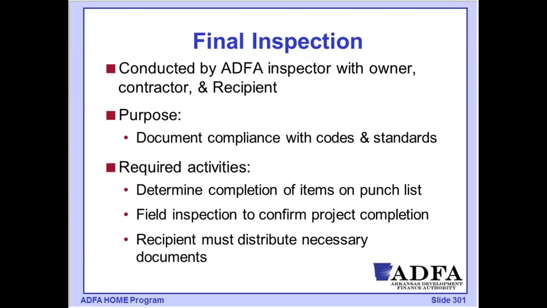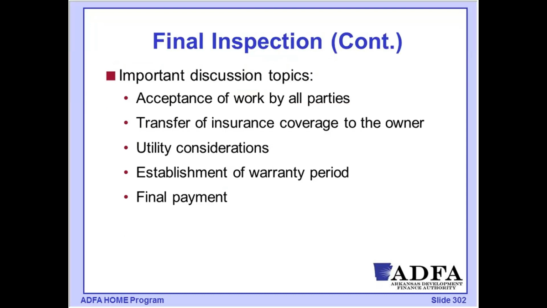As part of that, we must distribute some necessary documents, things like warranties and operating information. Also discussed at that point is making sure everybody is signing off, saying yes, I accept this work, we agree that it meets the standards, everything's fine. In some cases, this is the point when the insurance coverage that the contractor or developer had been maintaining during the construction period ends, and the insurance coverage needs to be transferred to the owner's responsibility.